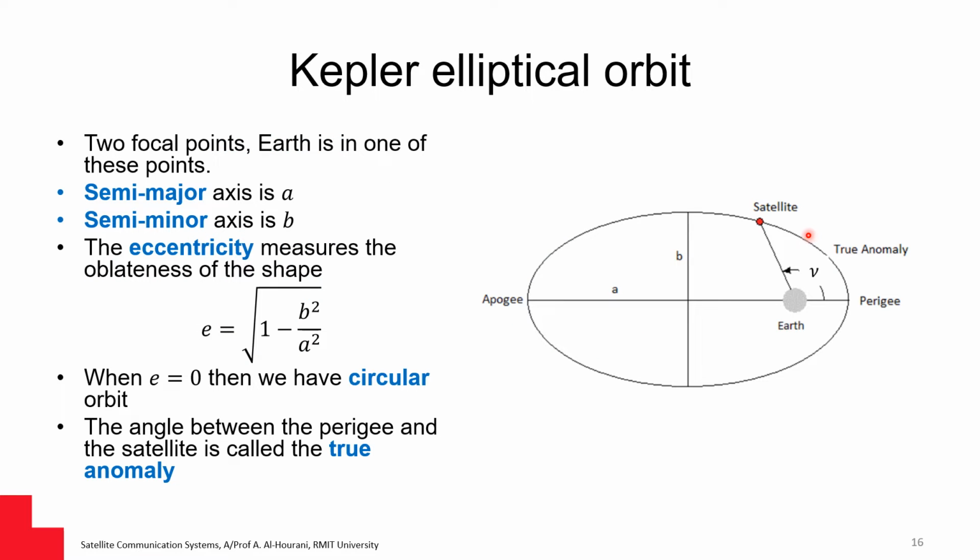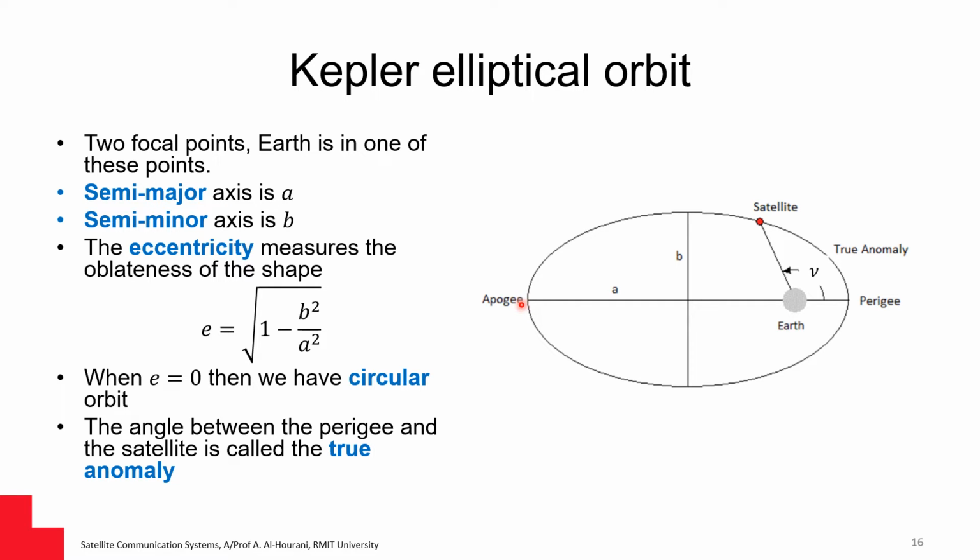A Keplerian orbit takes the form of an ellipse. In this ellipse, we have Earth at one of the foci of the ellipse. Note that the ellipse has two foci, and the satellite rotates around Earth in an elliptical orbit. The point where the satellite is closest to Earth, we call the perigee. The point at which the satellite is furthest from Earth, we call the apogee.